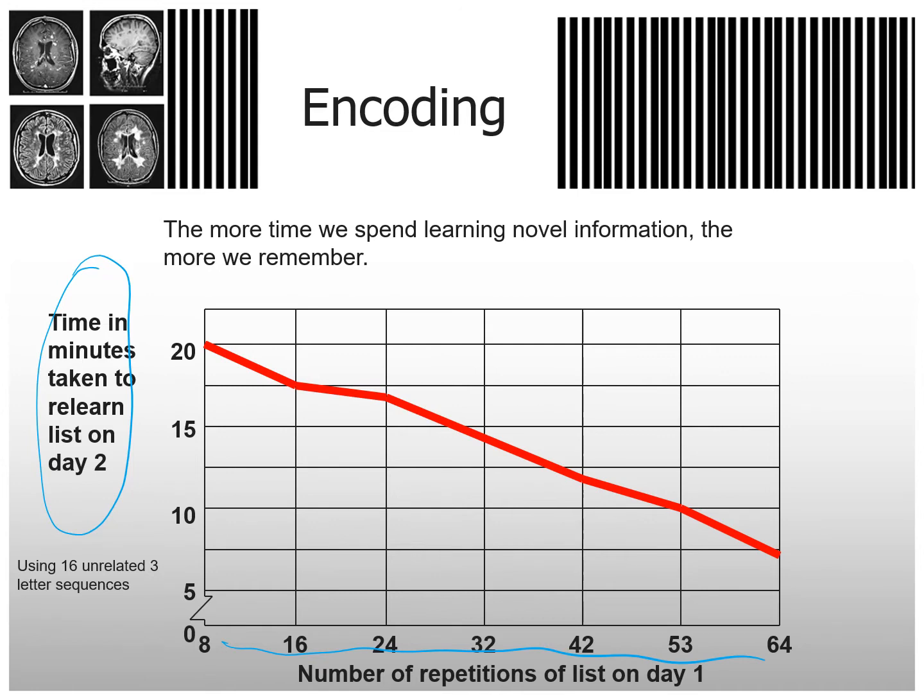If you repeated the list 64 times, it only took you about 7 minutes to learn it on day two. If you only looked over the list 8 times, then it took you 20 minutes on day two, right? So the more you look over something, the more you're going to remember it. You're going to encode it a little bit better.